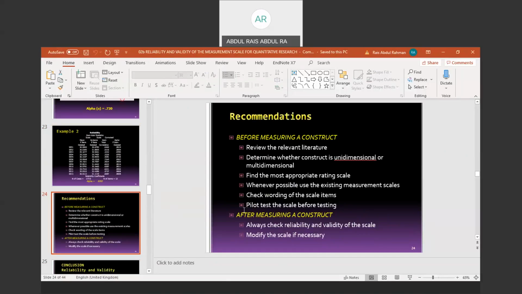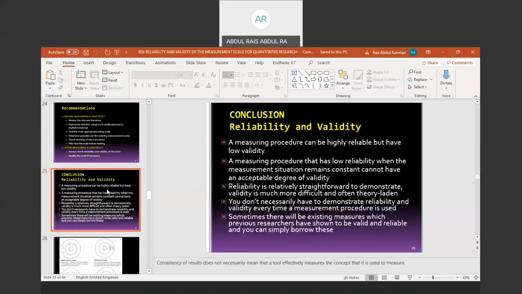Whenever possible, use the existing measurement scale, check the wording of the scale, and pilot test the scale before testing. And after measuring the construct, you should always check the reliability and validity of the scale and modify the scale if you find it necessary. All right, to sum up about reliability and validity.